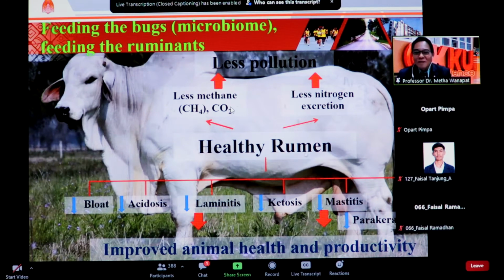So we have to gradually explain to them that reducing the carbon and the hydrogen means that more meat and more milk will be gradually enhanced, and eventually the income that they will receive. This is a very important message.